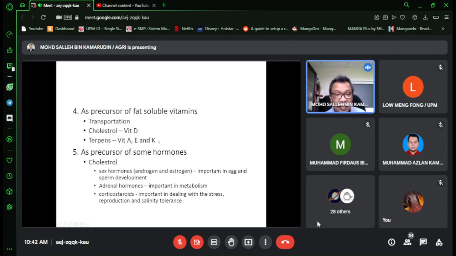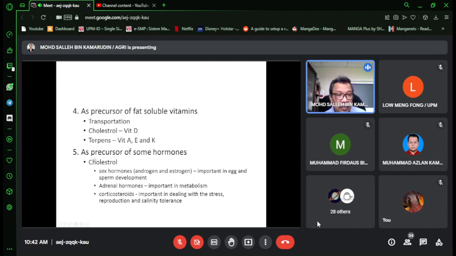They are still A, D, E, K. Easy to memorize. Cholesterol is usually linked with vitamin D, while terpenes are mostly for A, E, K.